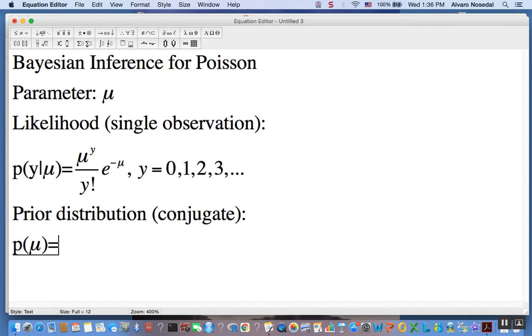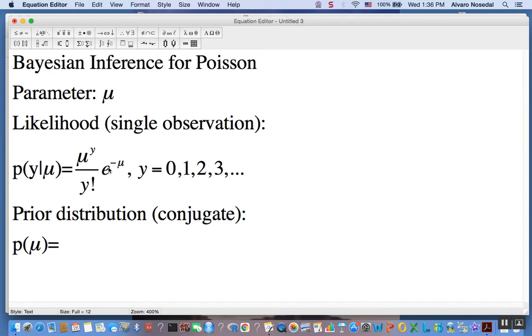Based on our experience with data with binomial likelihood, what we did when we talked about conjugate priors back then is ignore the constants, ignore the terms that do not involve your parameter. Just pay attention to the kernel of your likelihood, and try to find a family of distributions that resembles that kernel.